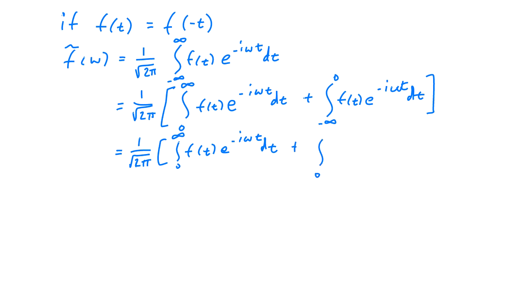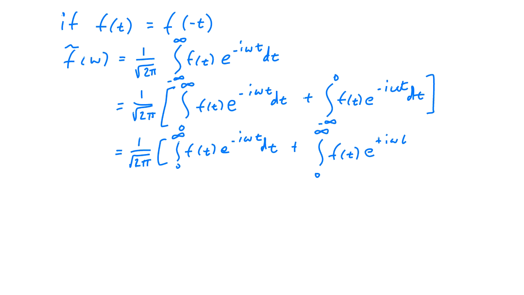And when I do that, whether it's f(t) or f(-t) doesn't matter. It's the same thing because of the symmetry. But when I flip my definition of t and make t into negative t, the exponential term becomes e to the plus i omega t.